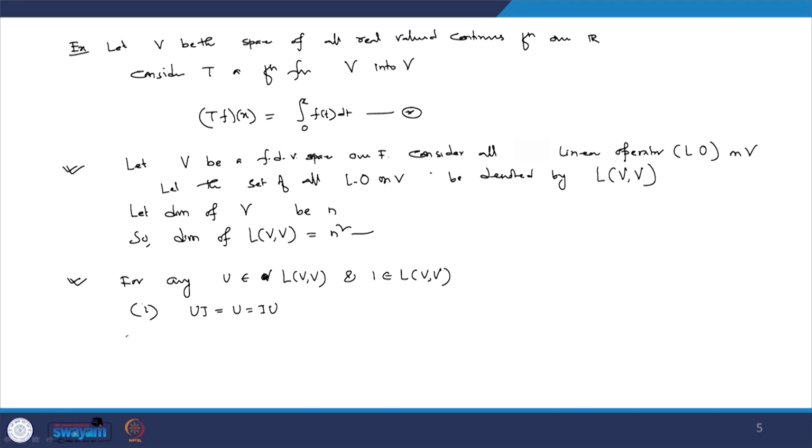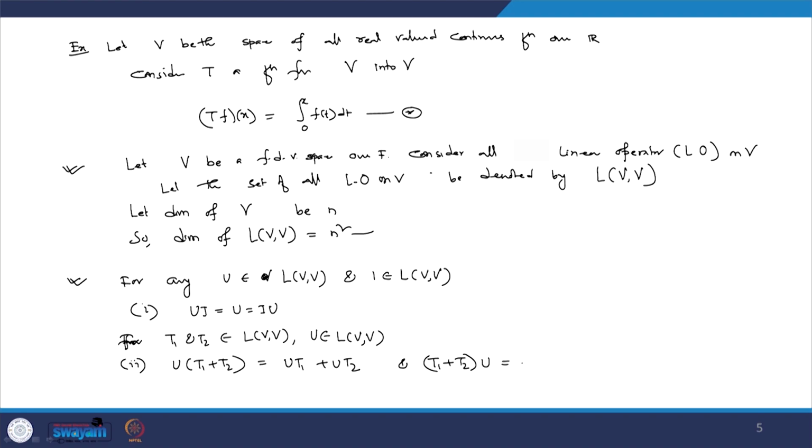Second, for T1 and T2 belonging to L(V,V), and U belonging to L(V,V), we have U times (T1 plus T2) equal to UT1 plus UT2. Also, (T1 plus T2) into U equal to T1 U plus T2 U.